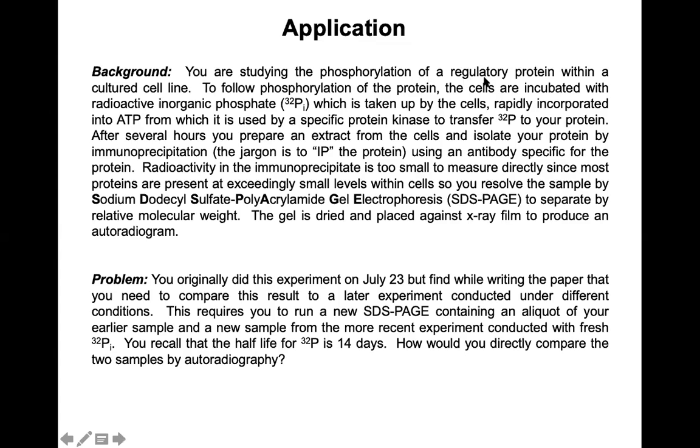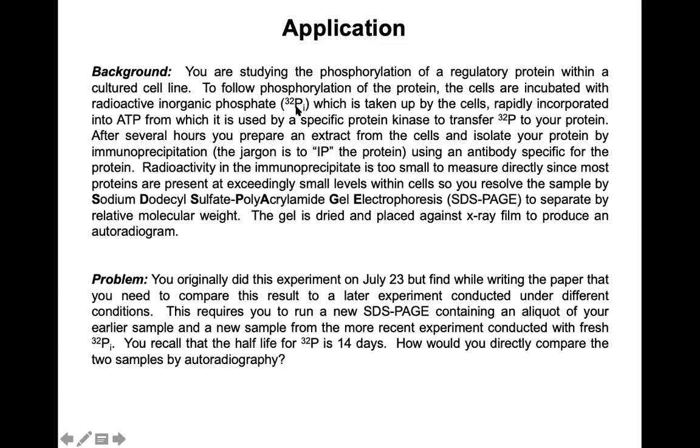Phosphorylation of a regulatory protein within a cultured cell line: to follow phosphorylation of the protein, the cells are incubated with radioactive inorganic phosphate, because in phosphorylation a phosphate ion is added to the protein, and the process is called phosphorylation.